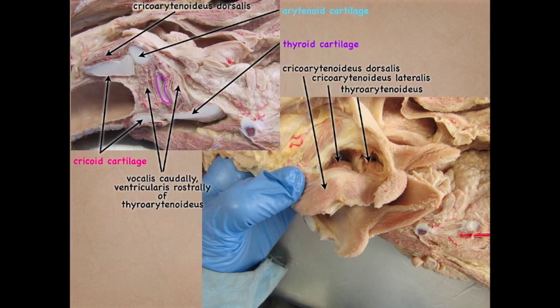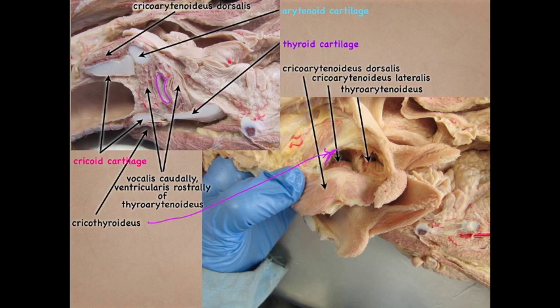Okay, we can't forget down on the ventral surface of the cricoid cartilage, and also attached on the inner surface of the thyroid cartilage right here, is the cricothyroideus muscle.